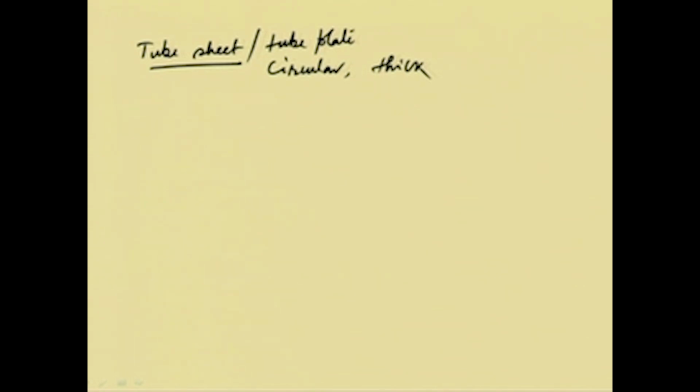It is very important to know about the tube seat. These are circular and thick, also sometimes called the tube plate. Okay. So, a circular thick metal sheet, used to hold the tubes at both the ends.